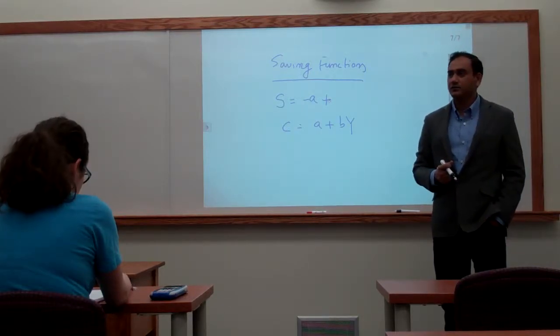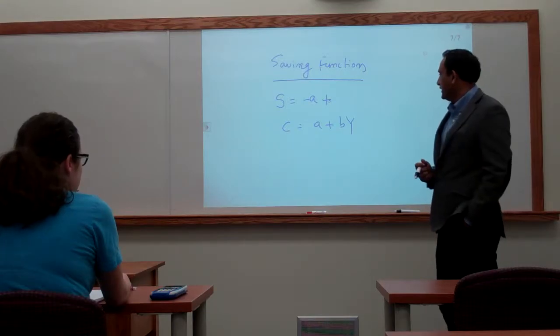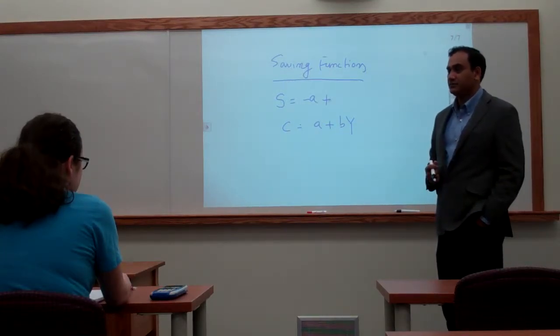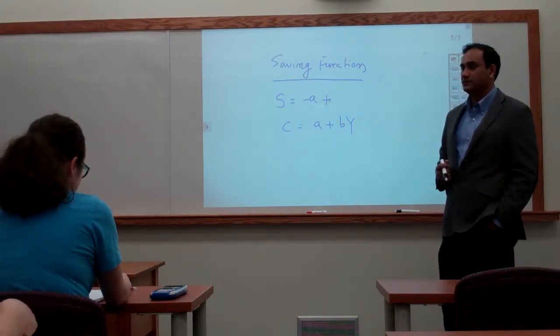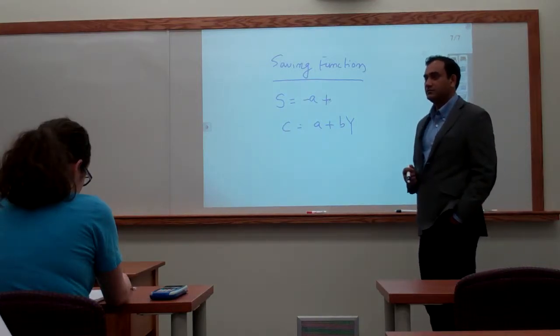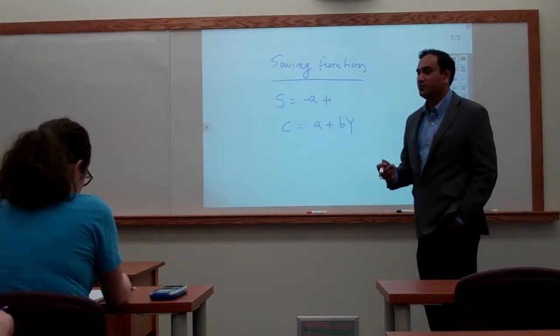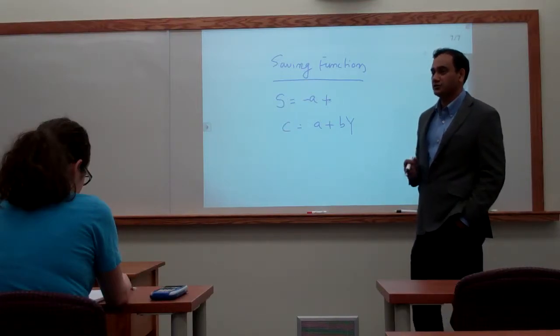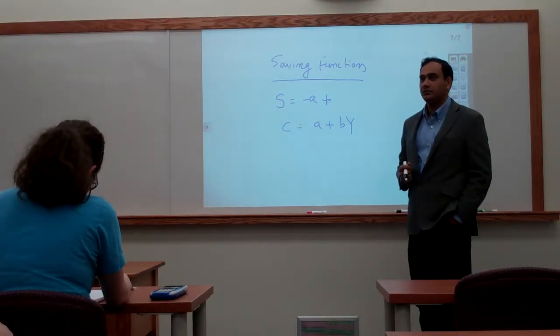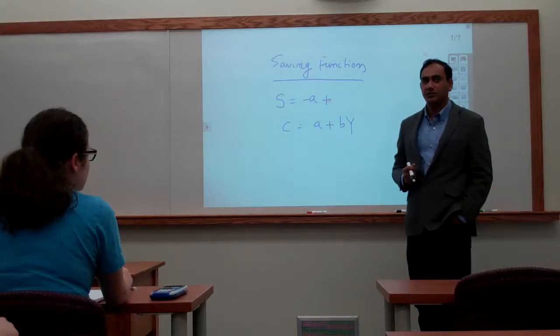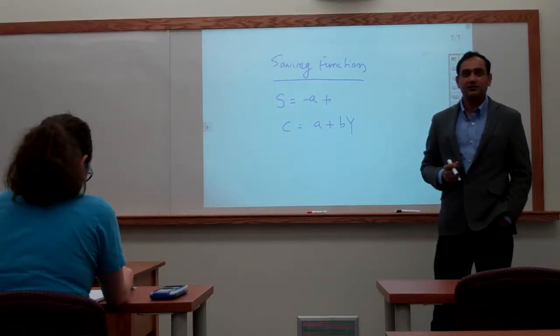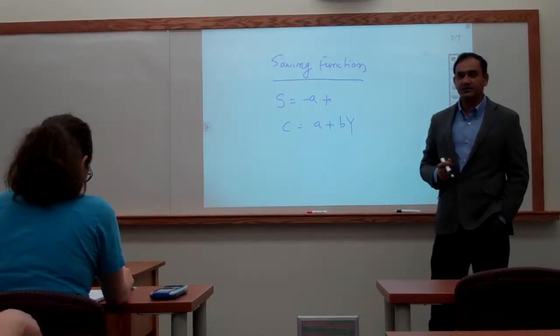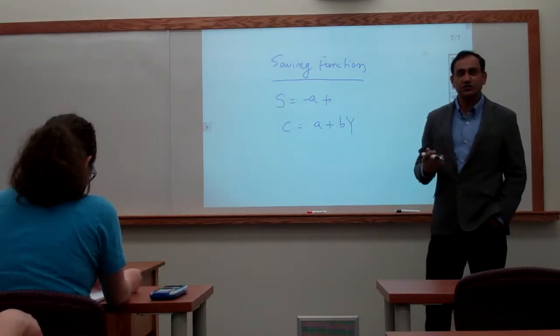The MPS, that's correct. And how do you write MPS here? B is your MPC. So what would be MPS equal to? MPC minus 1 or 1 minus MPC. 1 minus MPC, isn't it? 1 minus MPC is your MPS.